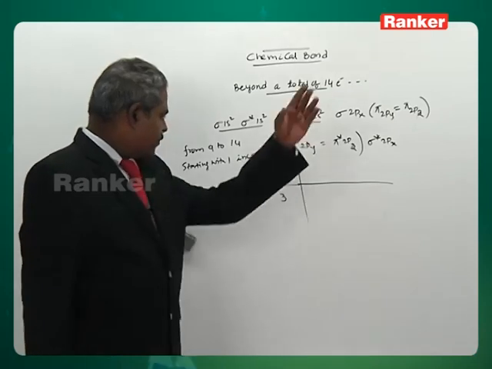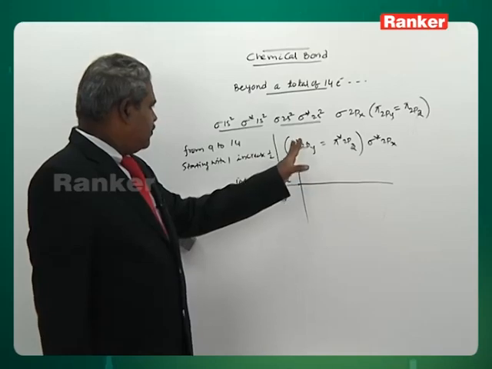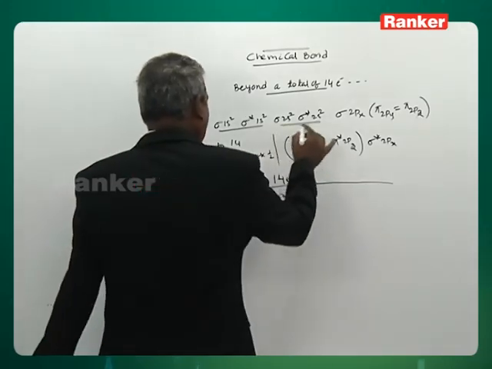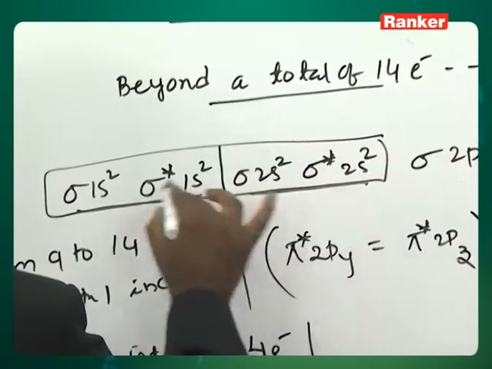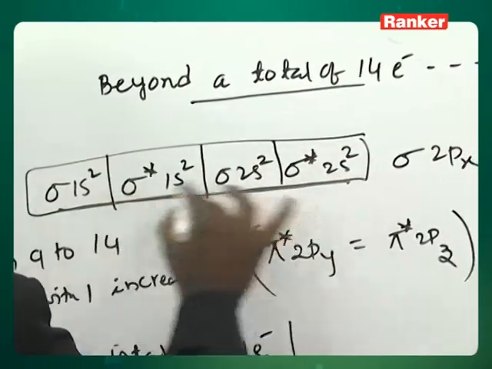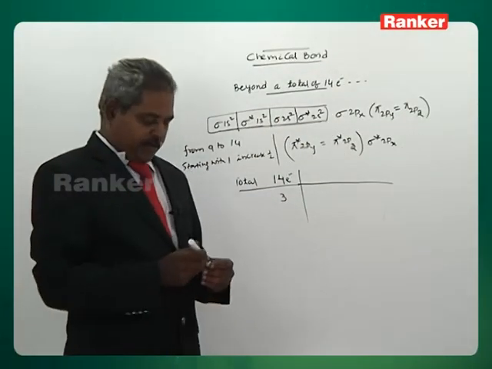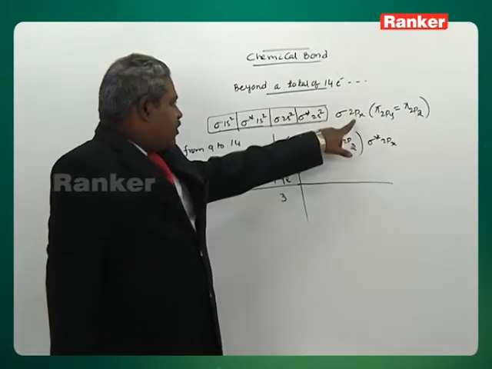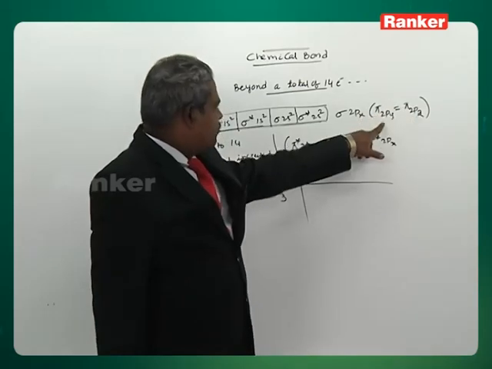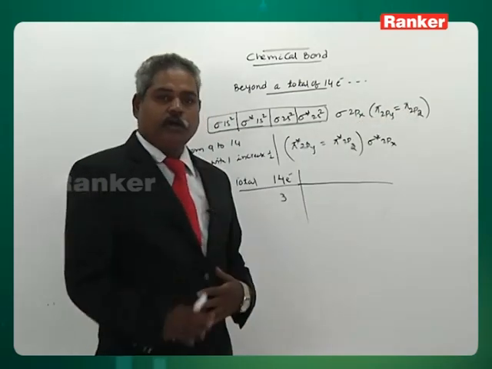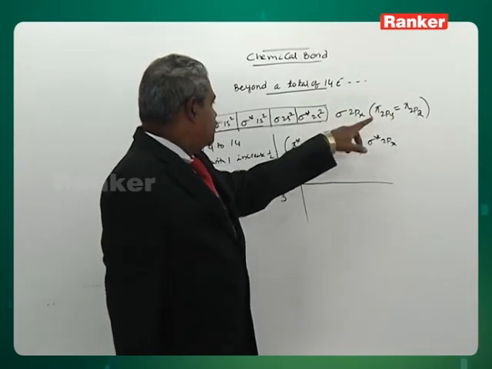We will of course write from 9 to 20, that is no big deal. But just observe, among the first 8 electrons, bonding and anti-bonding are equal, so they are not going to contribute anything to bond order. Starting 9 to 14, the 9th electron is bonding, 10th, 11th, 12th, 13th, 14th are all bonding.